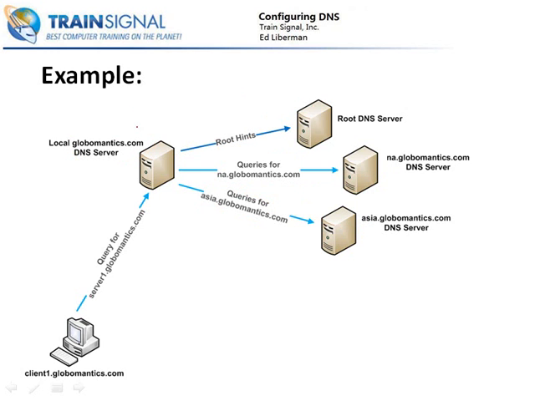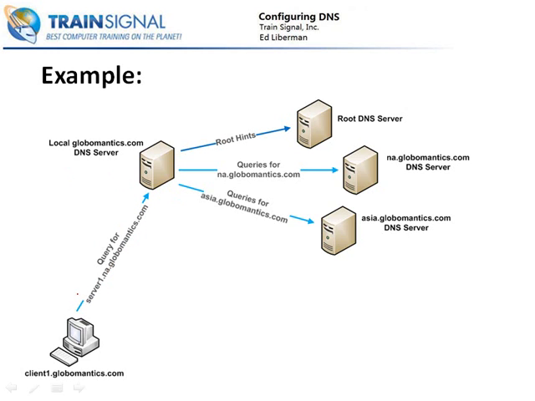In the first example, we have our client looking for server1.globalmantics.com. It's going to send that query on to the globalmantics.com DNS server, which is its local server. Because this server is authoritative for the globalmantics.com domain, it just simply sends an answer back to the client. Simple.